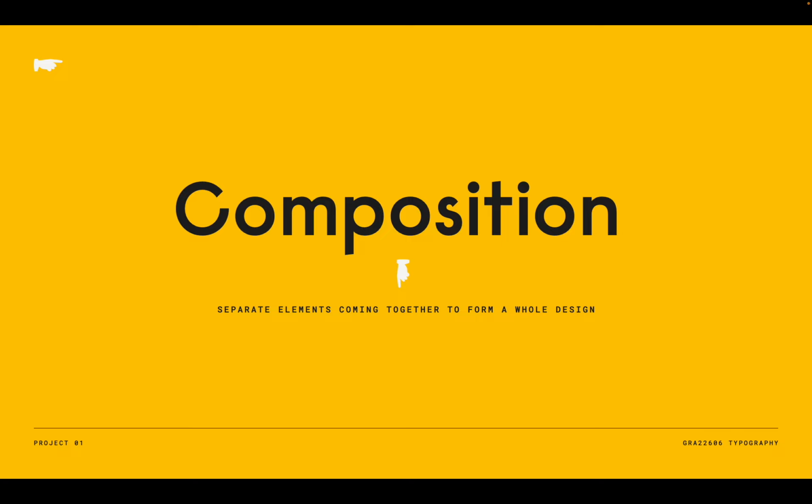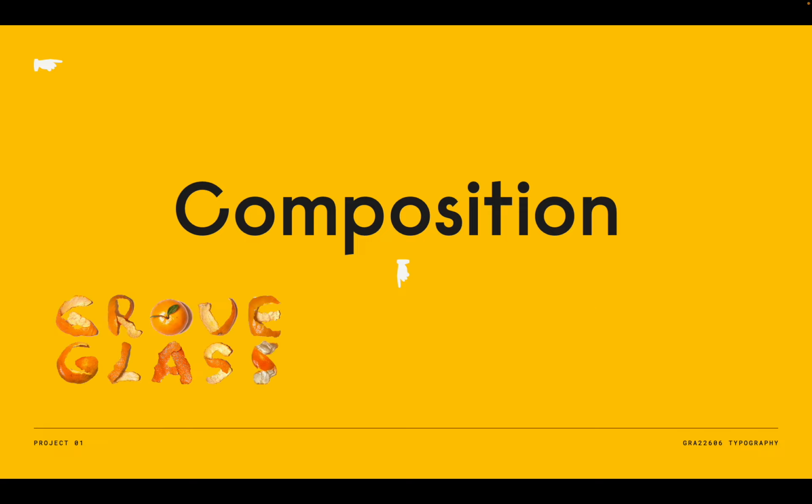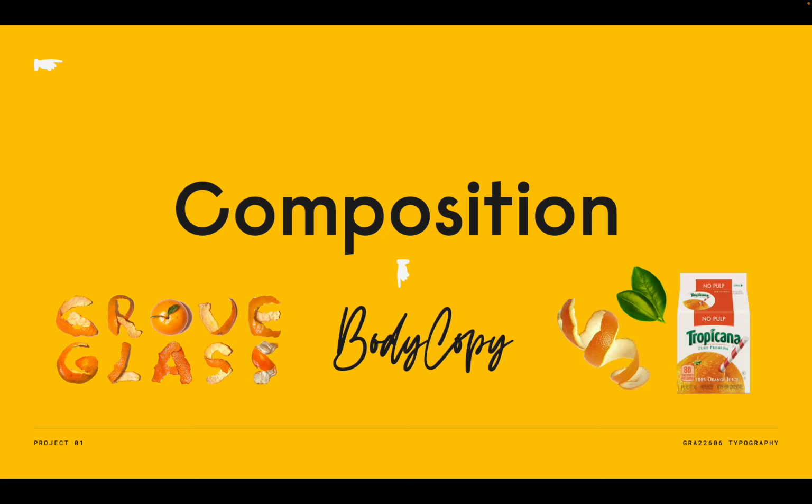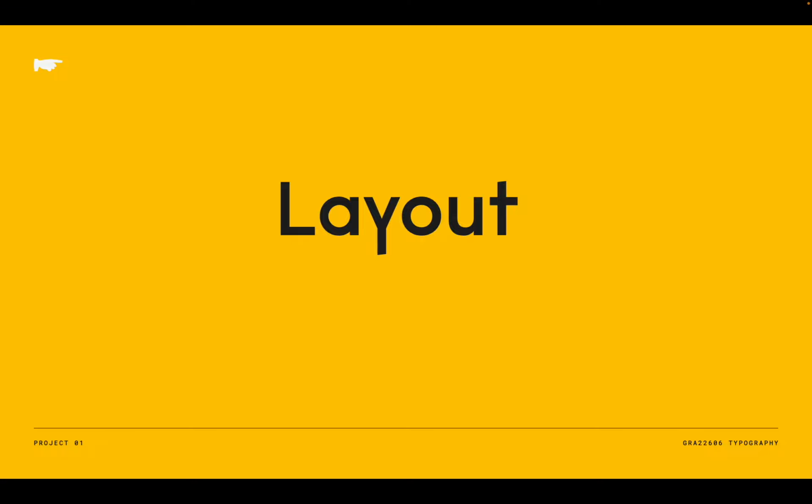But in graphic design, when we talk about compositions and its separate elements, we're talking about things like your analog letters, the key pieces of art, body copy, or any digital typography that you might add, and ornamentation, props, and decorations. We can put all of these together into a layout.